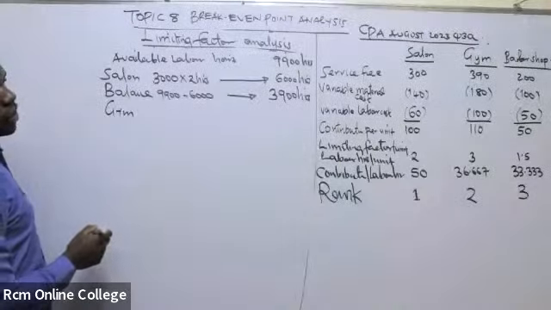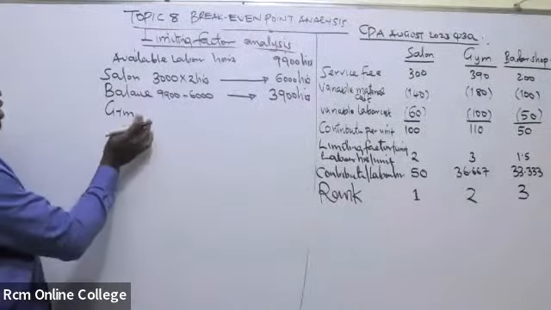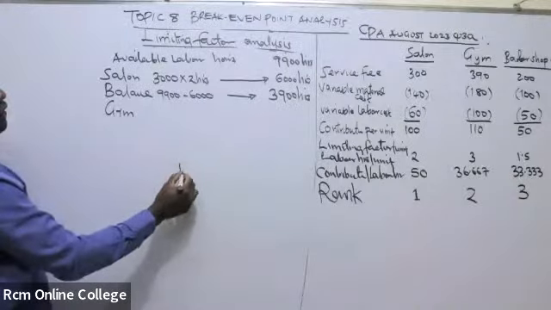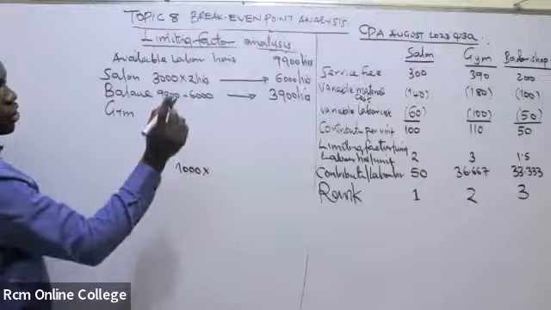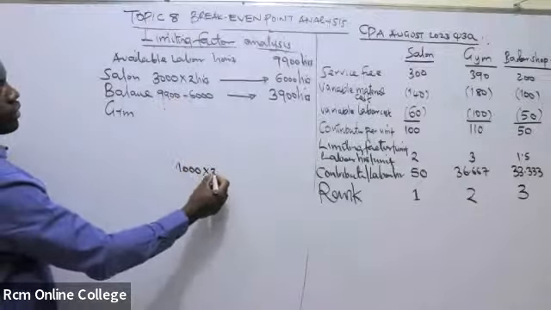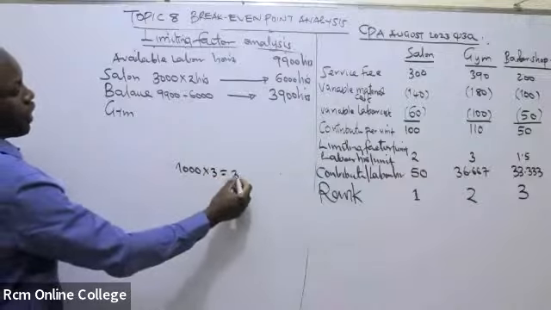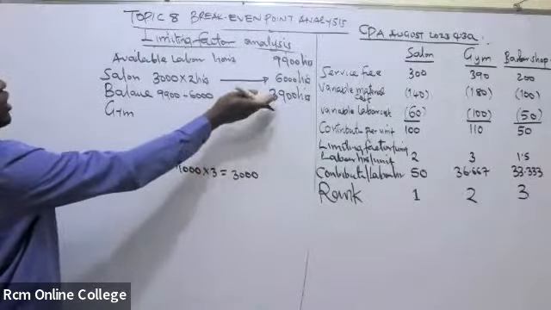So in the gym, how many clients were to be served? 1,000. So before I even write what is required here, if I serve all the clients, each I am supposed to take 3 hours. This is giving me 3,000, right? So is this 3,000 greater than or less than this?